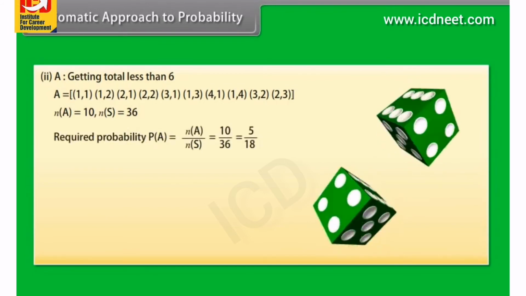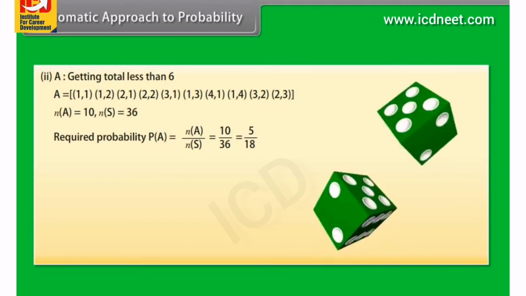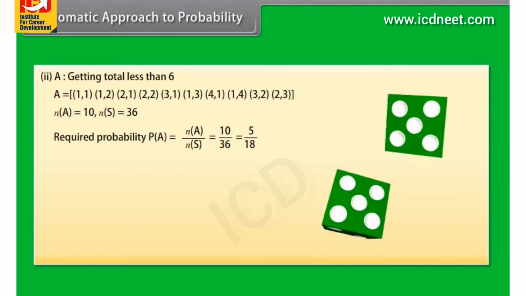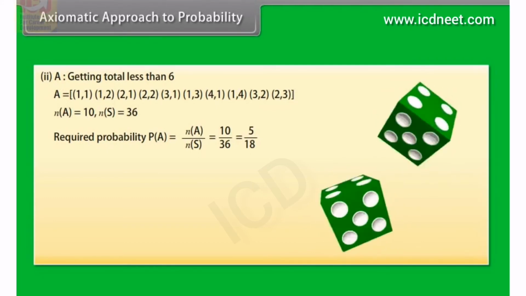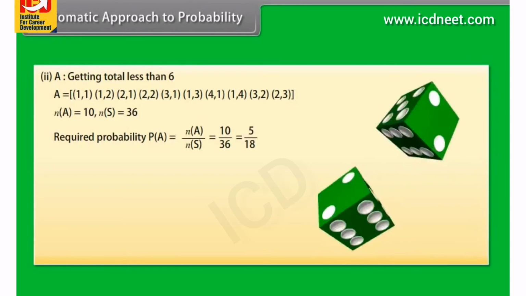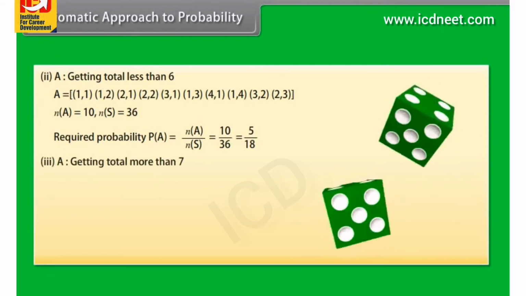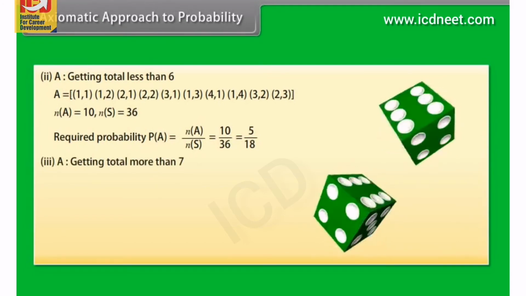Required probability P(A) = n(A)/n(S) = 10/36 = 5/18.